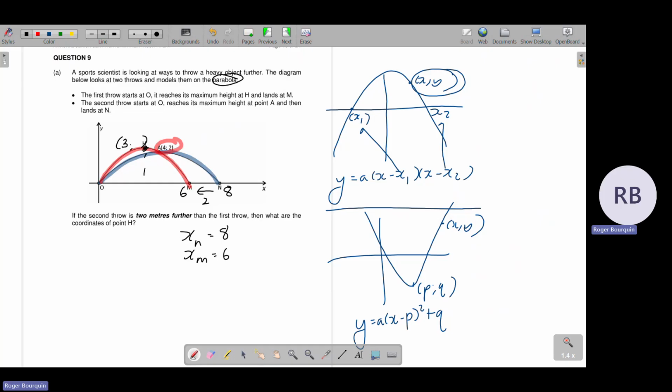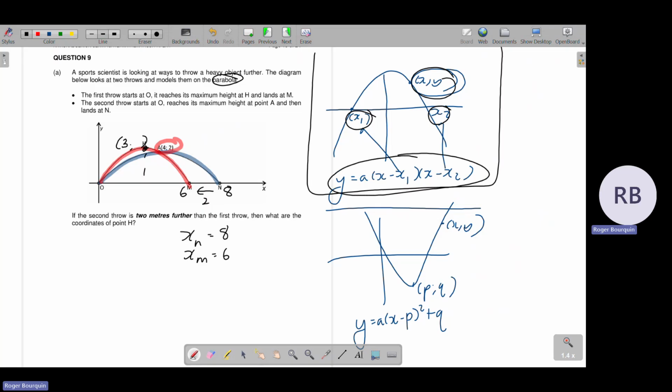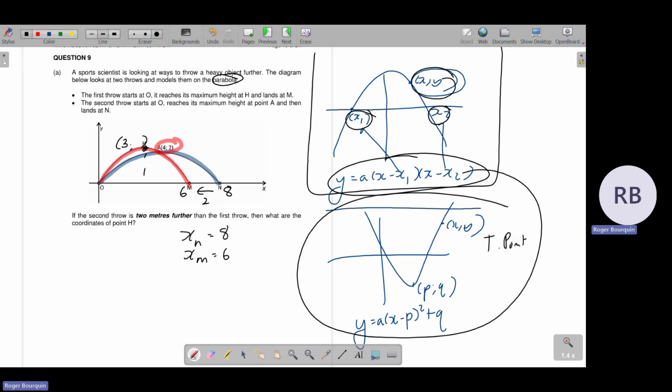To find the y coordinate, I'm first going to have to find the equation of that red parabola. To find the equation, you've got two formulas which you're not given. If you're given the x-intercepts and another point, you use y = a(x - x1)(x - x2). If you're given the turning point, you use y = a(x - b)² + q.